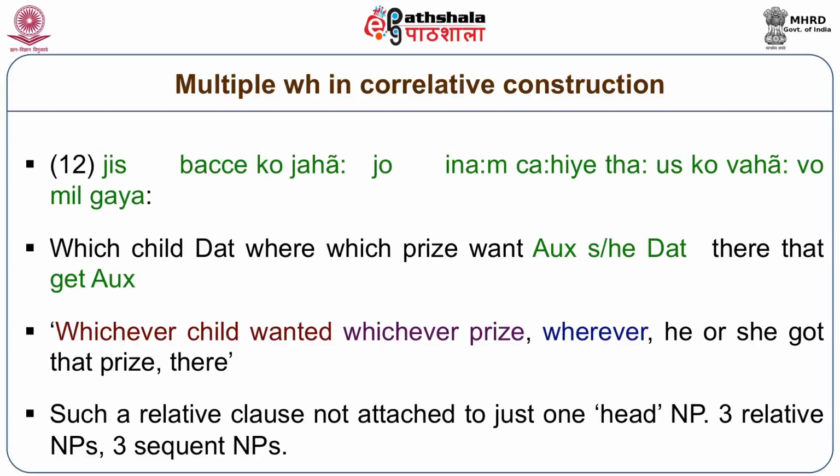This is a correlative structure, and you can immediately see it was noticed by generative syntacticians in the 1970s that such a structure cannot possibly conform to the model that NP dominates NP and S, and the S is attached to the NP. Why is that impossible?